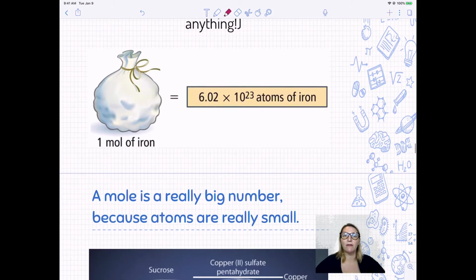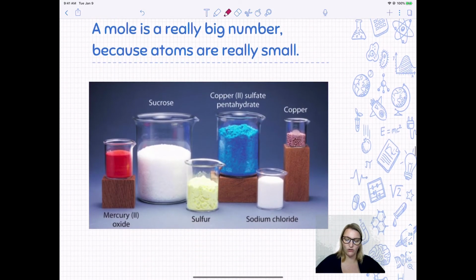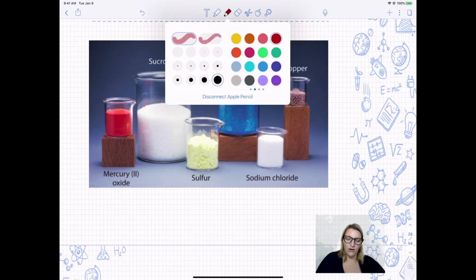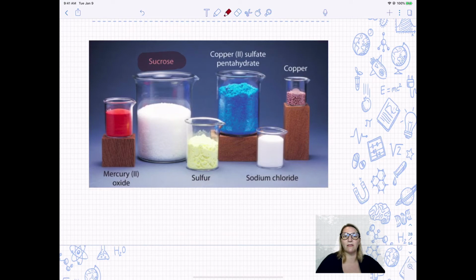Now, this number is a giant number, but look at this picture here. This picture shows us what a mole of each one of these substances looks like. You can see the bigger molecule here, sucrose. Sucrose, that's another name for table sugar. This is literally just sugar that you have in your cabinet at your house. A mole of sucrose molecules has about this volume, whereas a mole of salt, sodium chloride, has a much smaller volume.